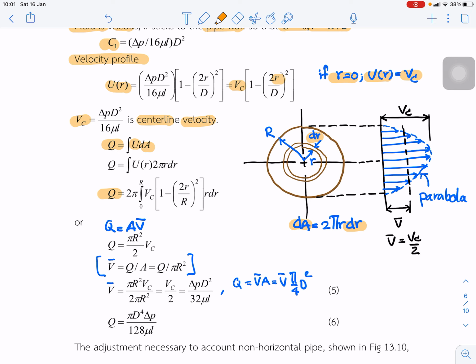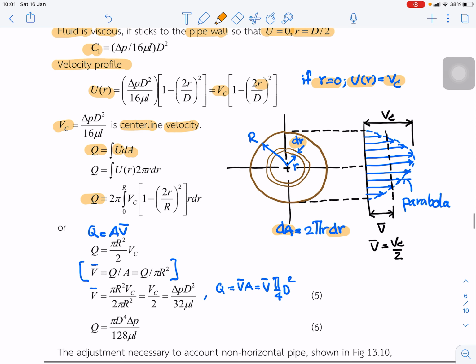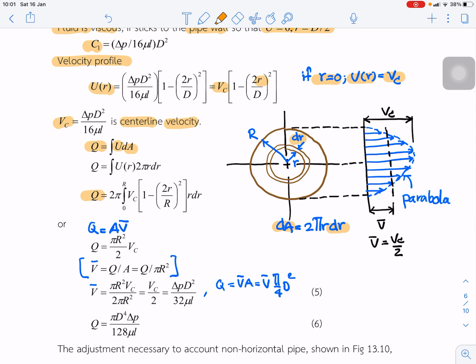If we don't know how to do the integration, we can use basic knowledge from calculus: Q is equal to area times U average. For a parabola-shaped distribution, U bar is just half of the maximum velocity, Vc divided by 2.